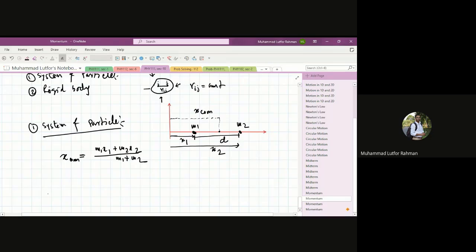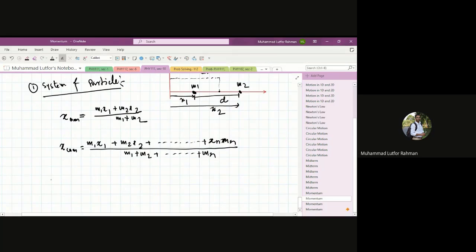For a system of particles, or the general case, we write M1 x1 plus M2 x2 plus dot dot xn mn, divided by the total mass of the system, M1 plus M2 plus dot dot mn.